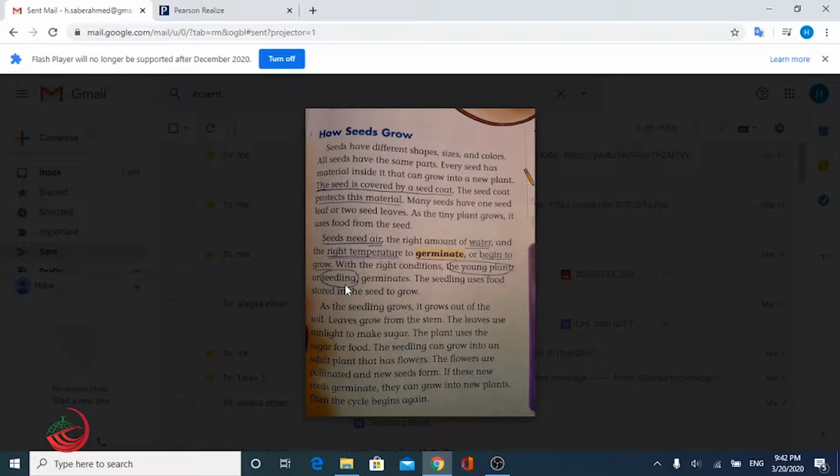The chicks are the baby chicken. When we say the young, instead of saying the young plant, we can use this new word seedling. With the right conditions, the young plant or seedling germinates. The seedling uses food stored. Yes, this is what we said when we were talking about the picture above.